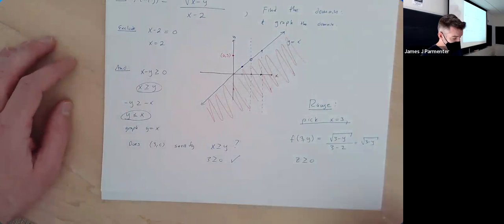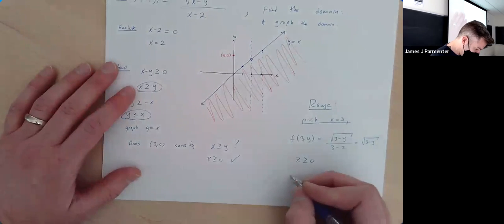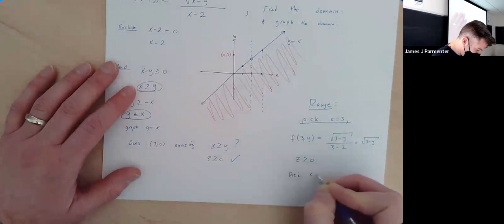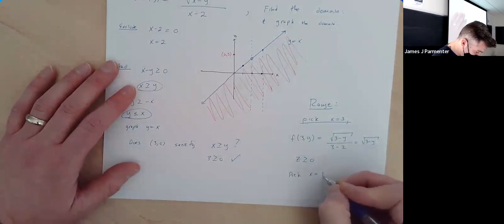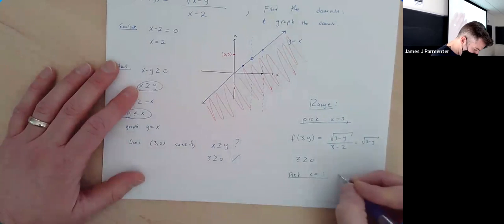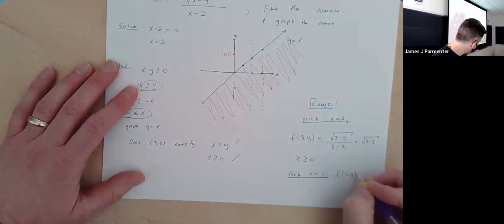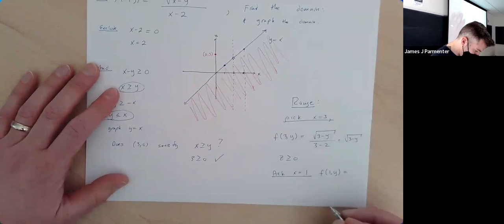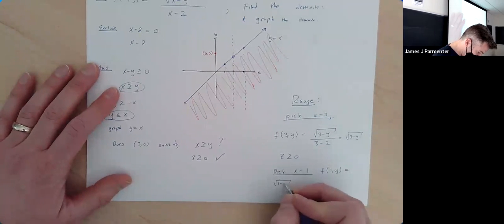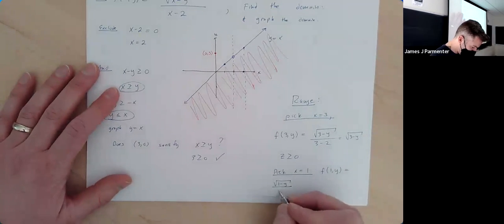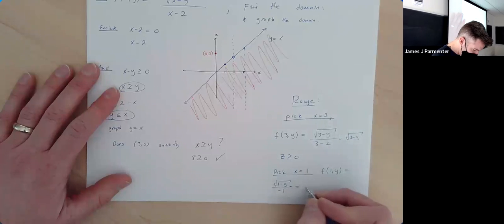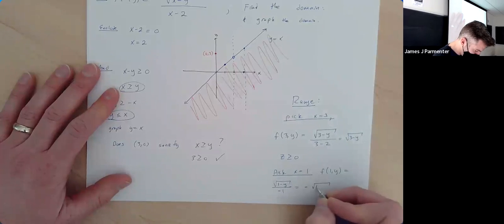And then similarly, if we pick x equal to, say, 1, then we get f of 1 comma y equal to the square root of 1 minus y over 1 minus 2, which is negative 1, which is just the negative square root of 1 minus y.